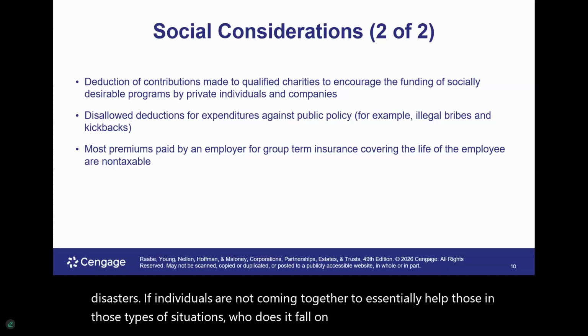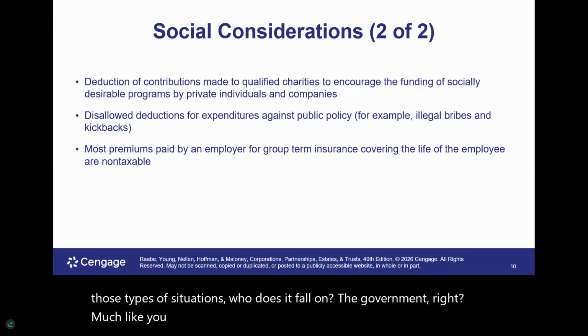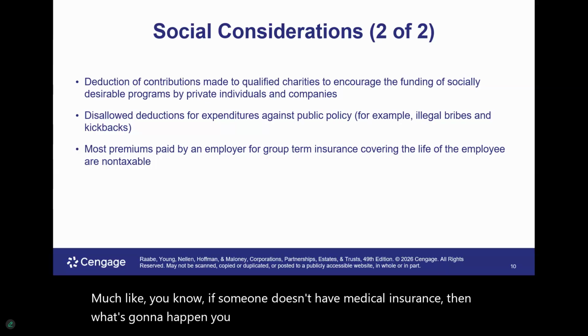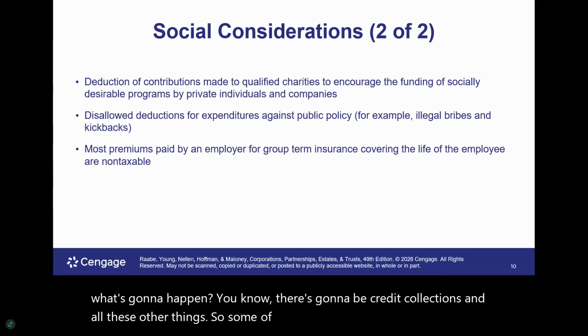The government, right? Much like, if someone doesn't have medical insurance, then what's going to happen? There's going to be credit collections and all of these other things. So some of these things they incentivize.